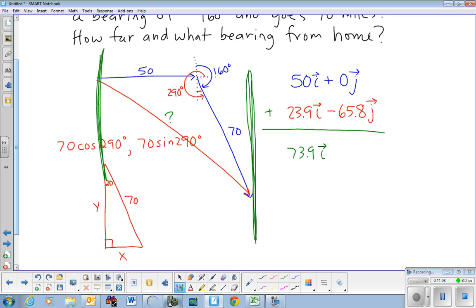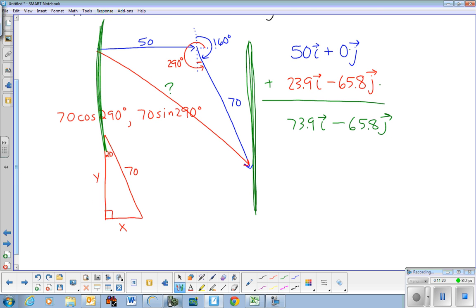No big deal. I just add the parts. How far up or down am I from where I started? I'm down 65.8, because these two add up to negative 65.8. So now I know overall I went this far right and this much down. So how do I get the resultant?